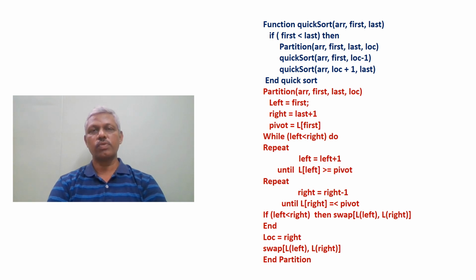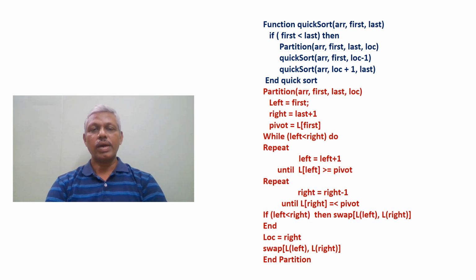Once the pivot element is swapped, you observe that the left side is one subarray and the right side is another subarray. So array first to location -1 is the left subarray. Again quicksort can be applied recursively on that, and array location +1 to last is another subarray on which again quicksort can be applied.